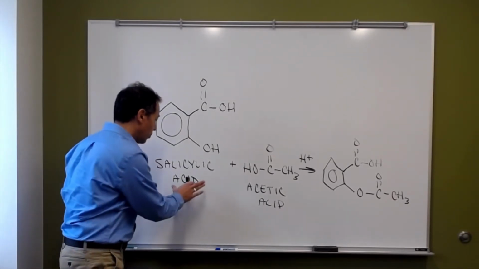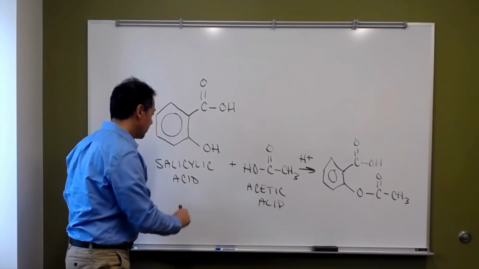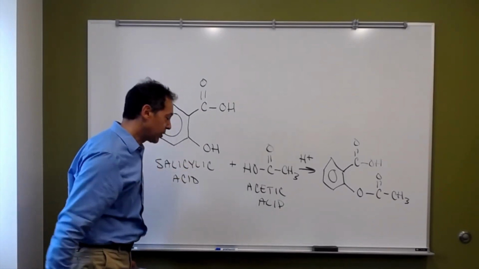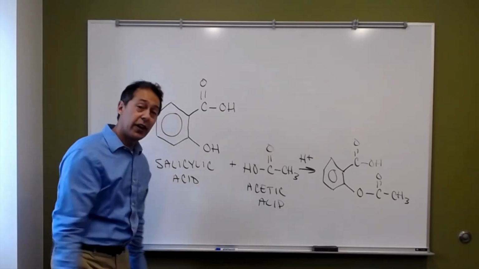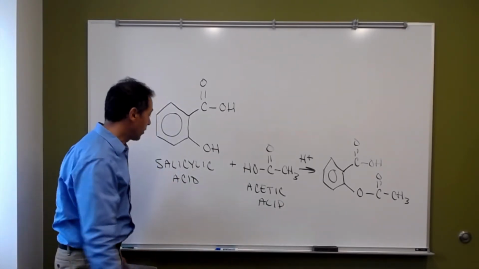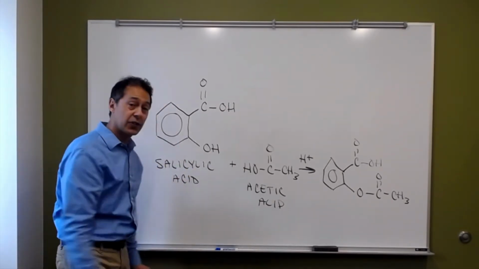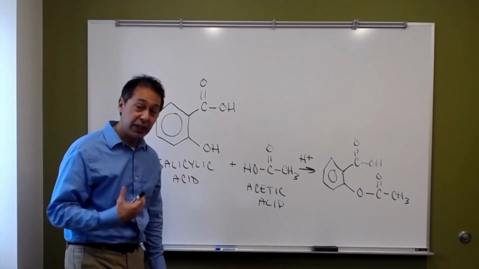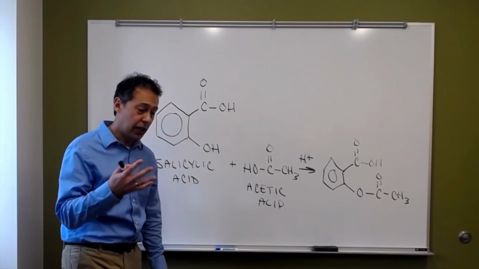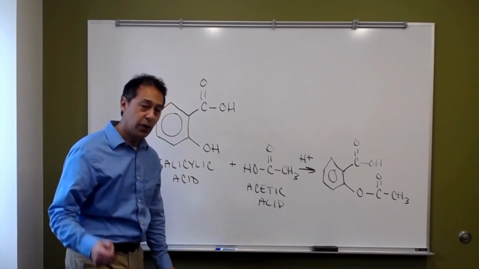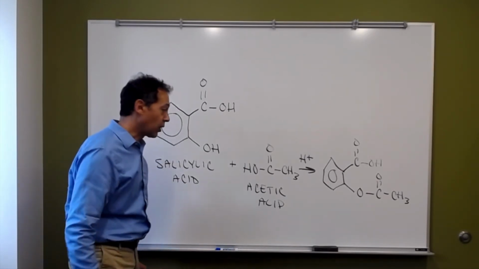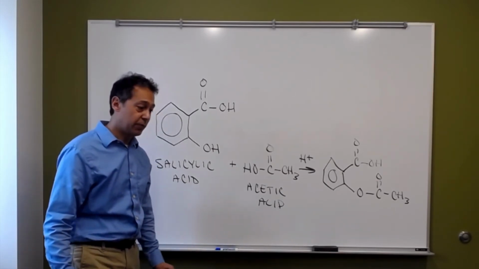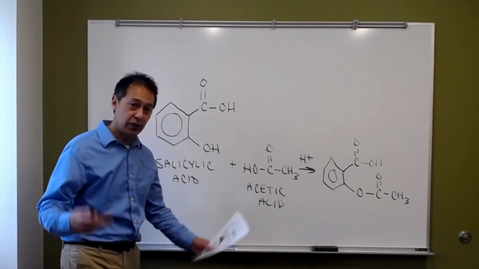And what the history on this is, there was this chemist in Germany, and his father had arthritis, and his father was taking this salicylic acid, and it was causing him stomach bleeds, but it helped the arthritis. And so the son, who was a chemist, is like, well, I want to help my dad, and I want to help his arthritis, but these stomach bleeds could kill him.